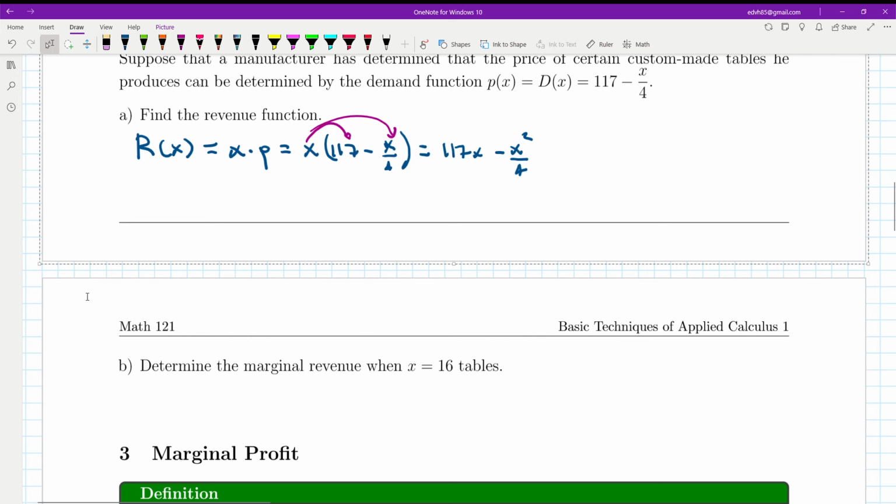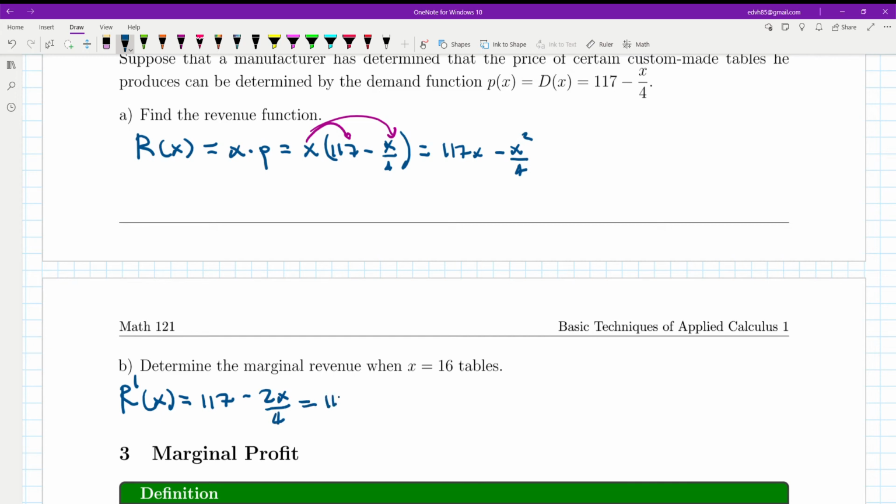So what we need to do is find the derivative of big R, that is, the derivative of 117x, which is just 117, and the derivative of negative x squared over 4, which is negative 2x over 4, which reduces to negative 1/2 x.